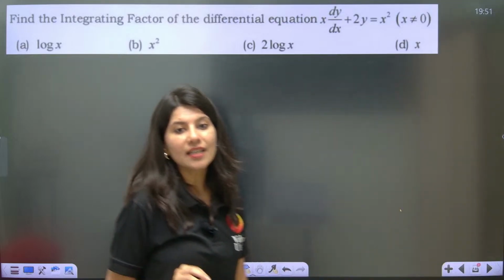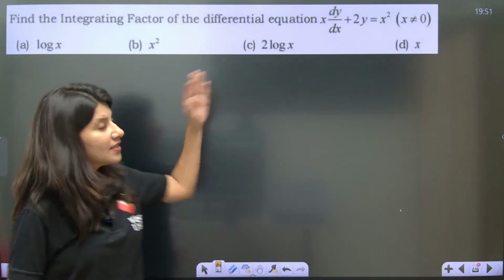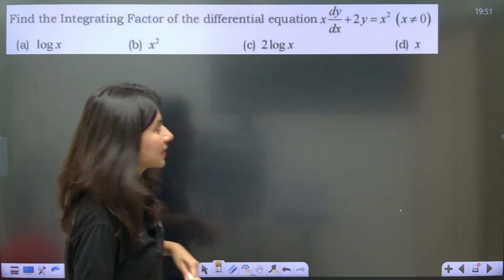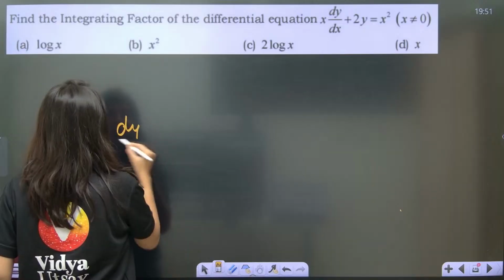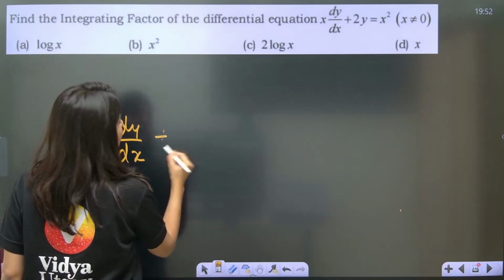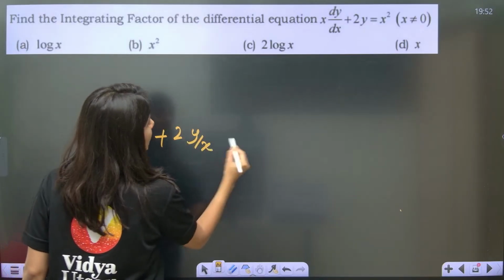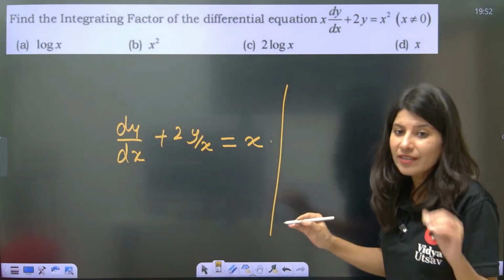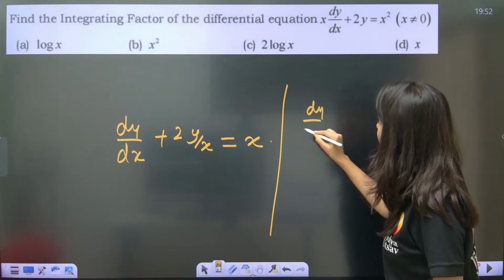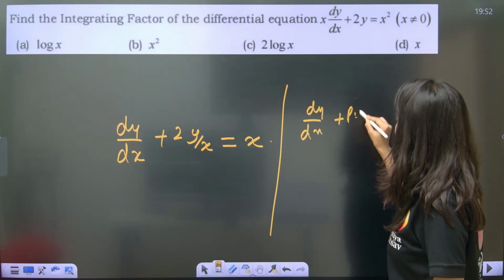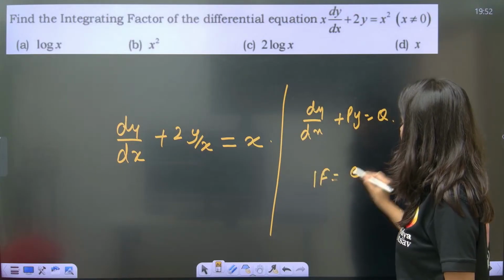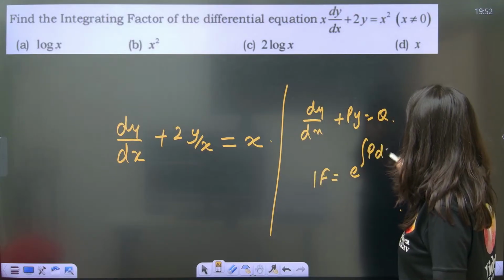Find the integrating factor of this differential equation. You have to divide the whole differential equation by x. So dy by dx plus 2y by x equals x. Now the differential equation is dy by dx plus Py equals Q. The integrating factor will be e raised to the power integration of P dx.